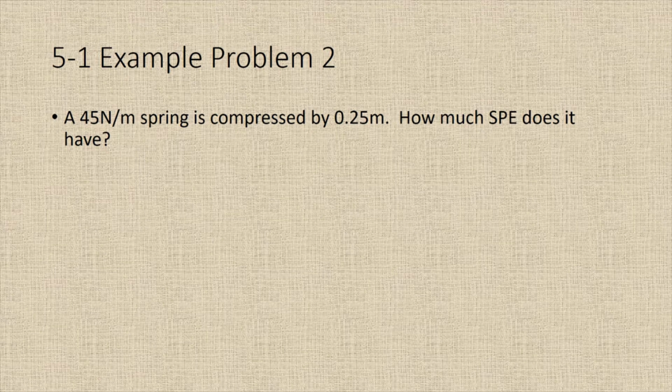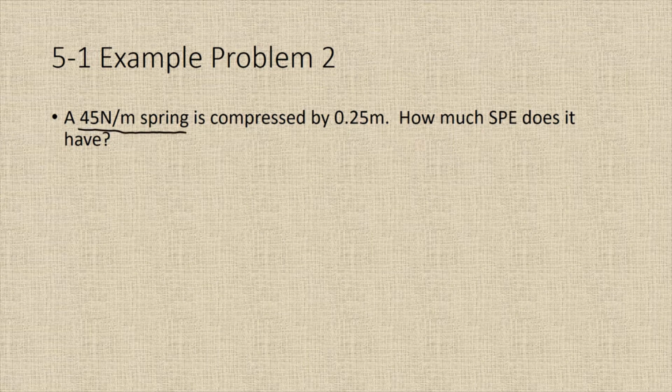Moving on to problem 2. A 45 Newton per meter spring is compressed by 0.25 meters. How much spring potential energy does it have? So once again, we look to our givens.